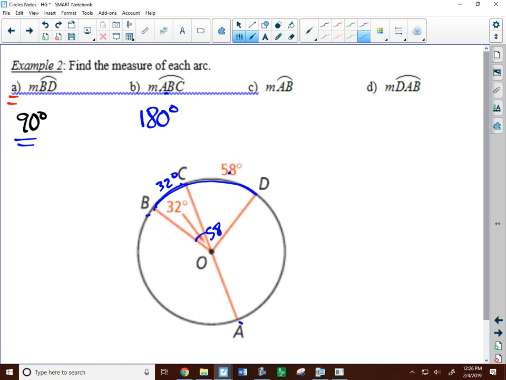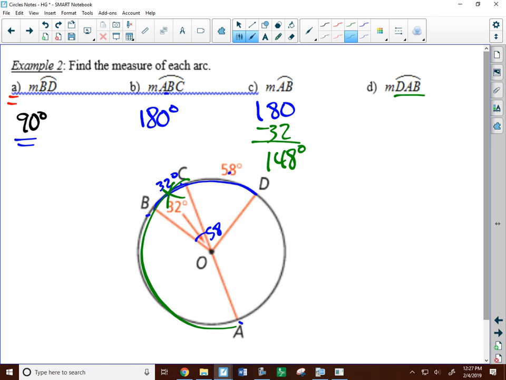Yeah, 148. So I think this one you start with the 180 as a semicircle, but then subtract off this, the 32. Yeah. So a lot of these are just a little arithmetic, but knowing the puzzle, like where you have to go and start. What about DAB?